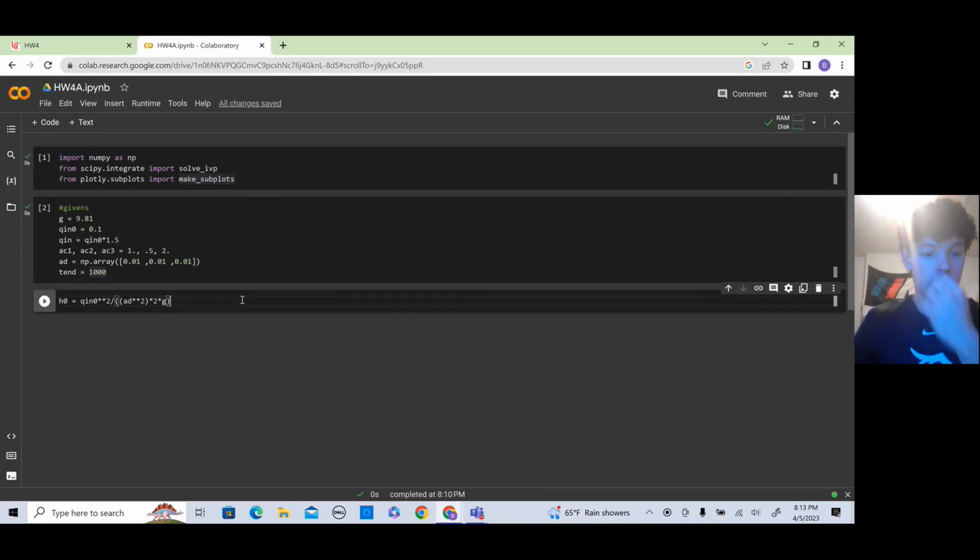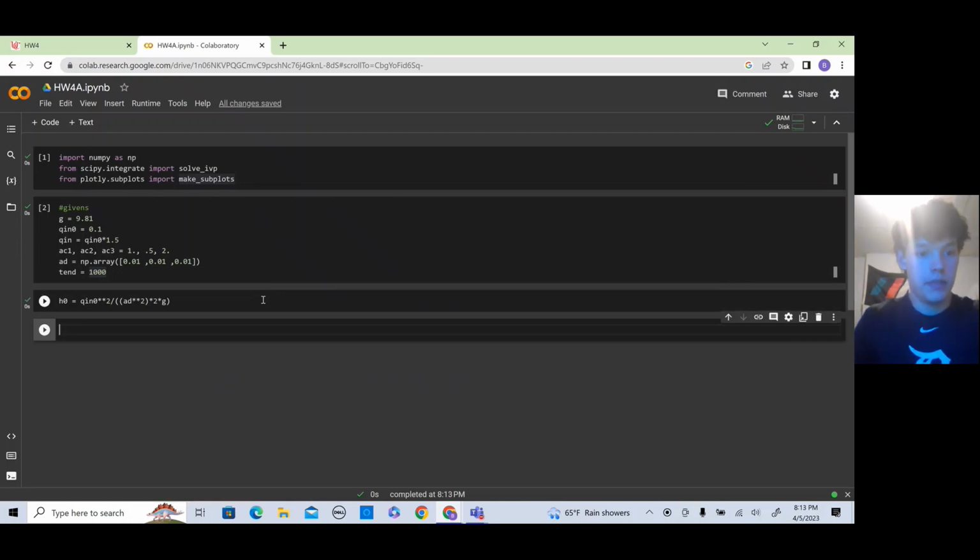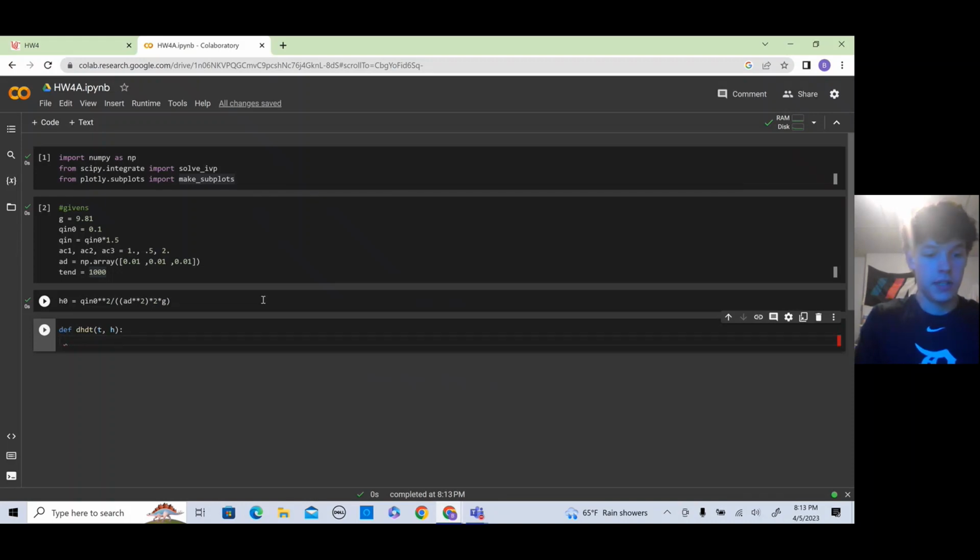So we'll enter that. And then we'll need to make a function that will represent our dH/dt. So we'll define our dH/dt as a function of time and the height. And the first thing we'll need is our Q1, our Q2.